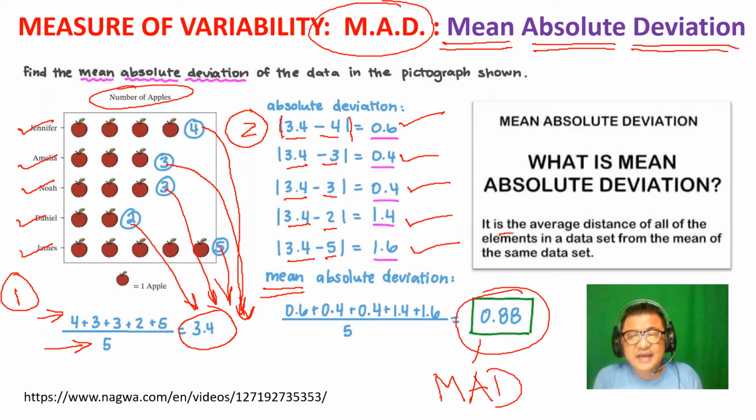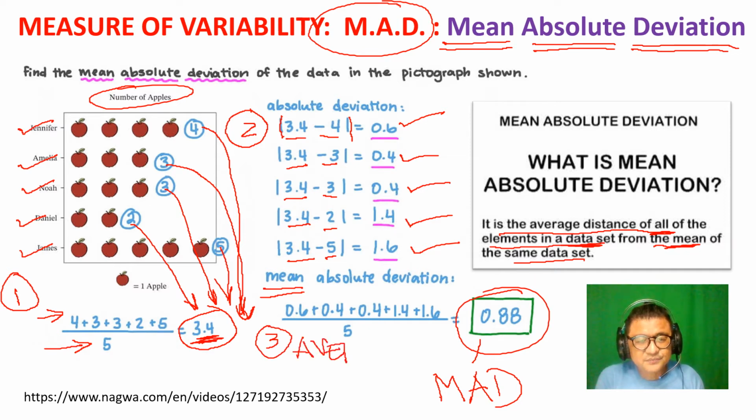It is the average distance of all the elements in the data set from the mean of the same data set. It's like saying each of the apples is about 0.88 away from the mean. Okay, so MAD. The third step, remember, is to average.